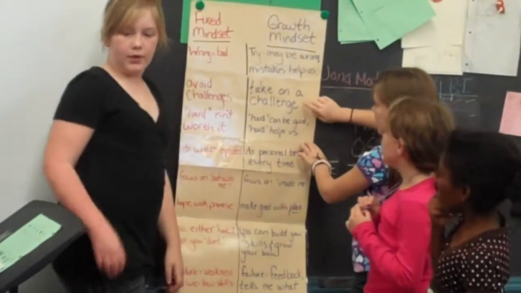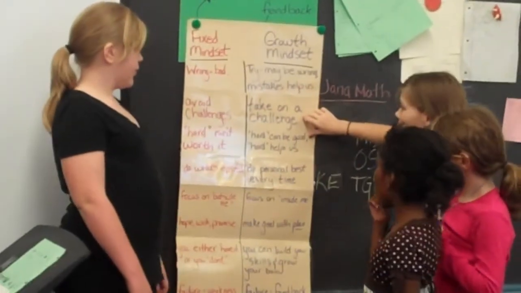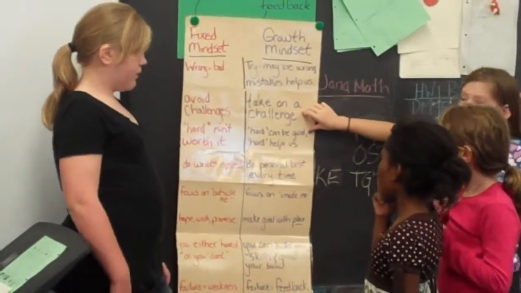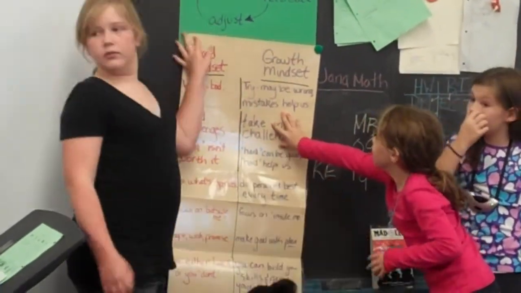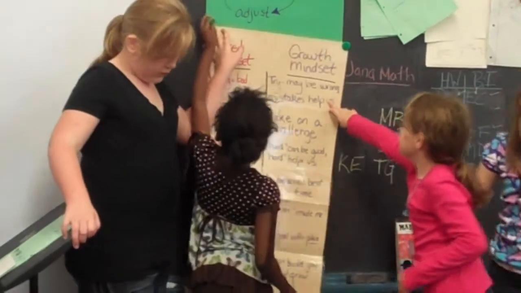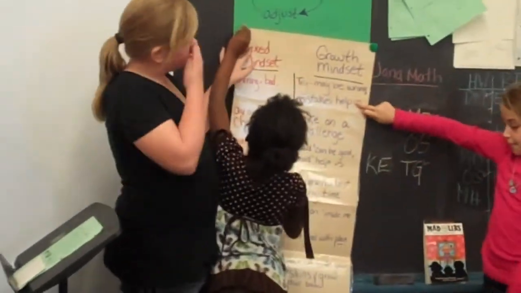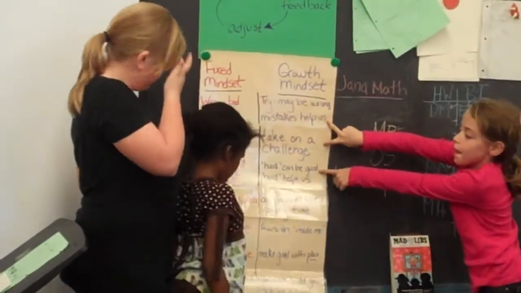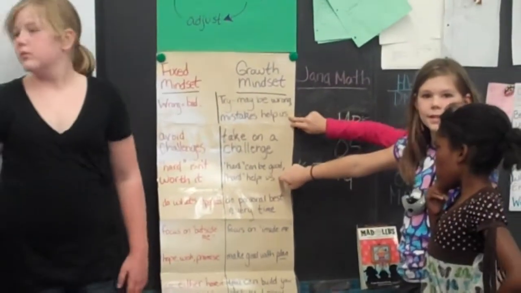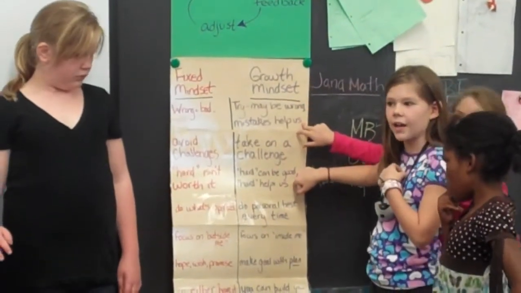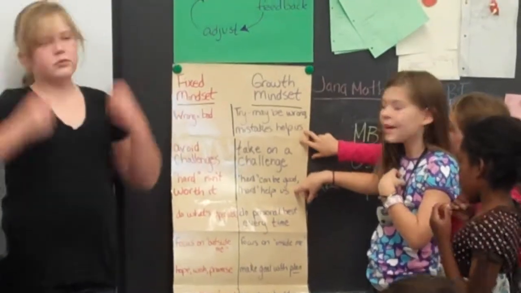Well, this one, take on a challenge, it kind of connects because she was trying to get a better score. And also this one. Cassidy, can you turn your whole back to the board? There we go. Hard can be good and hard helps us, because I was feeling like I couldn't do it because it was hard for me.